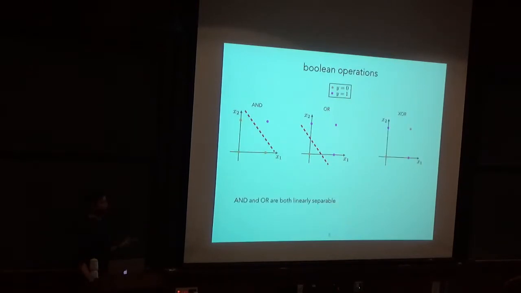But for the exclusive OR, the XOR, we can no longer do that. We can't just draw a line and separate these two sets of points perfectly, but by combining ANDs and ORs, we could draw multiple decision boundaries that would allow us to get the XOR. So it's not linearly separable, but we could separate this with AND and OR.